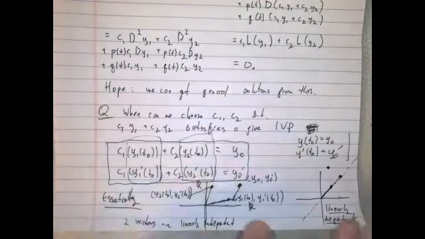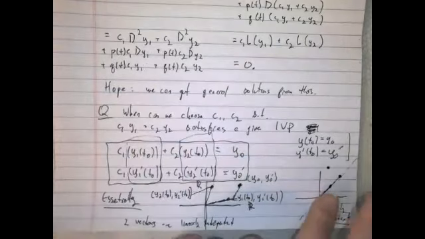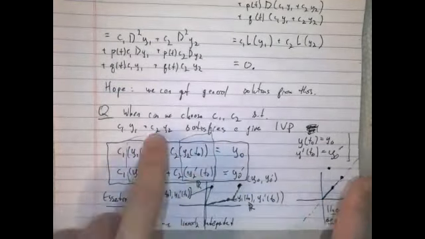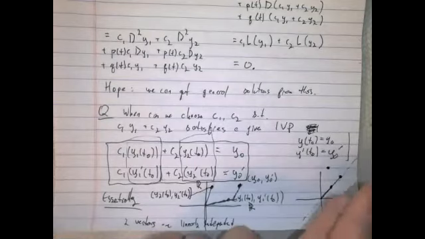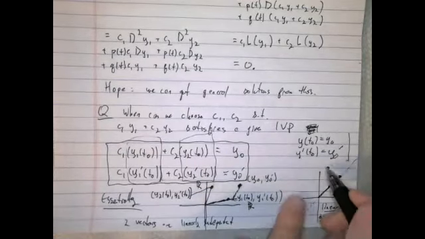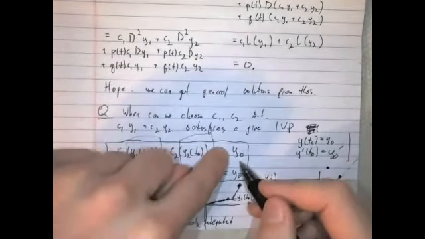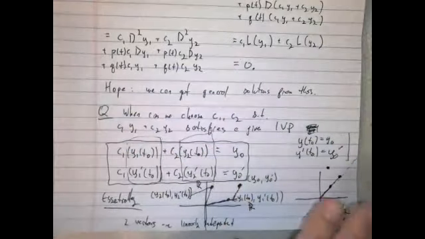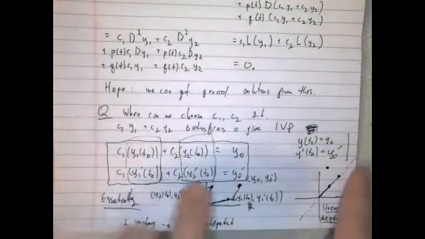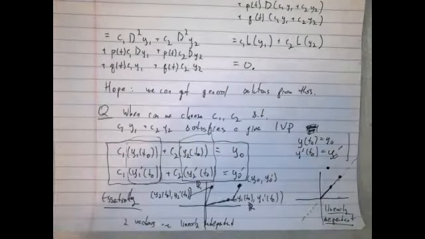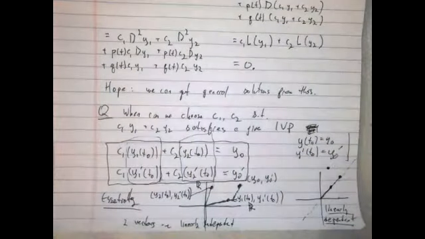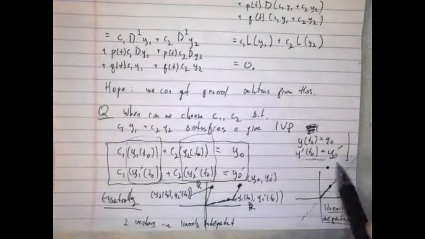On the other hand, if these two columns are linearly dependent, which in this two-dimensional case means that they're scalar multiples of each other, then there will be many points, y0, y0 prime, that can never be reached by any linear combination of these two vectors. And then we can't solve the IVP for many IVPs.